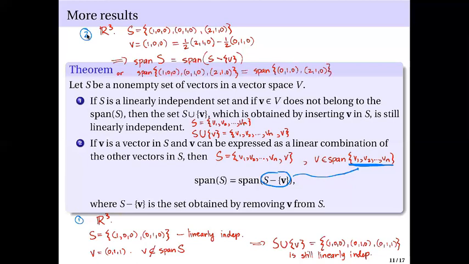So this is what the second statement here is telling us. So you have a set S, you have a vector in that set S which can be written as a linear combination of the other vectors. If you remove it, you still get the same span.